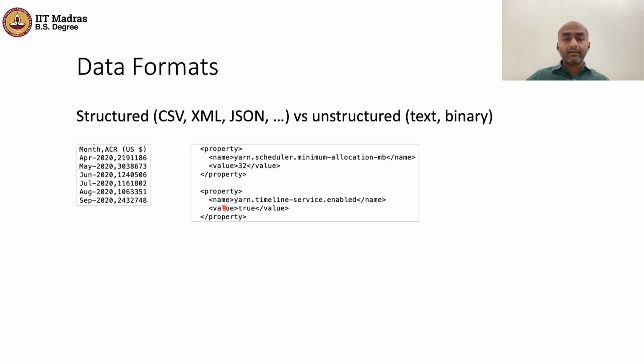But the value element here is not a number, right? It's actually a set of textual ASCII characters. Here it's a number, and here enabled or disabled, a human looking at it can infer this is some kind of a Boolean variable.